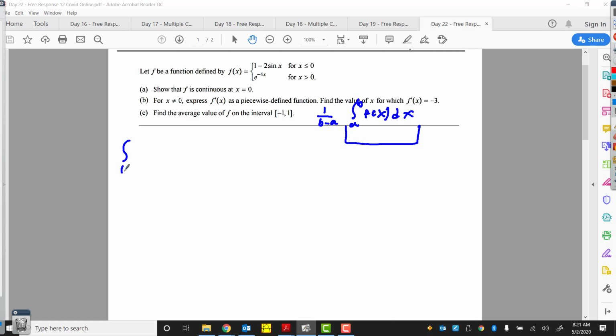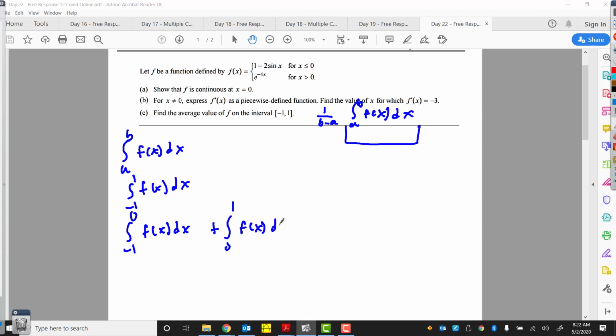So the integral from a to b, f of x dx, that's the integral from negative 1 to 1 of f of x dx, but our integral has to split at 0. So we have the integral from negative 1 to 0 of f of x dx. This is all the numbers that are less than 0, plus the integral from 0 to 1 of f of x dx.